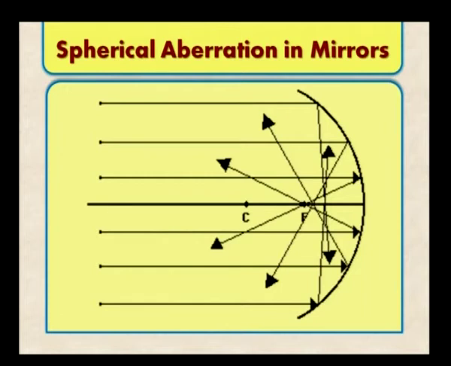The same is true in the case of a concave mirror also, about which we have discussed in greater detail earlier. And now, we will obtain the expression for the longitudinal chromatic aberration. What I mean by longitudinal chromatic aberration is the distance that separates FV and FR.